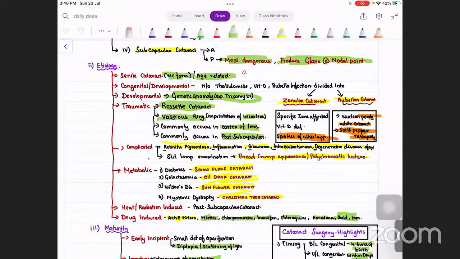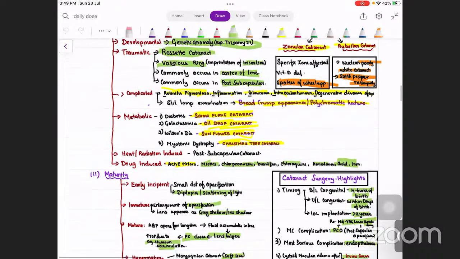Heat or radiation induced cataract is associated with posterior subcapsular cataract. What are the drugs which can cause cataract? ACE inhibitor, acetylcholinesterase inhibitor, miotics, chlorpromazine, busulfan, chloroquine, amiodarone, gold and iron.